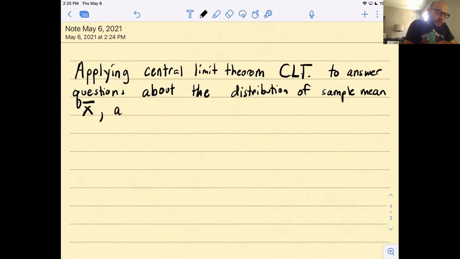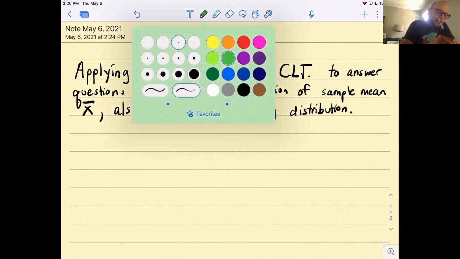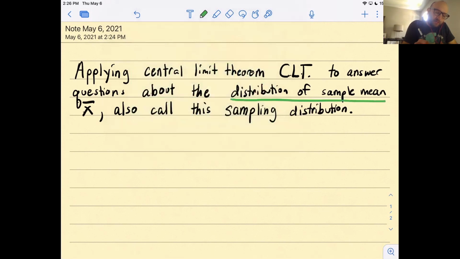We also call this the sampling distribution. So if you ever hear these terms, they mean the same thing. So anytime you hear distribution of the sample mean or the sampling distribution, those are the same thing that people are talking about.